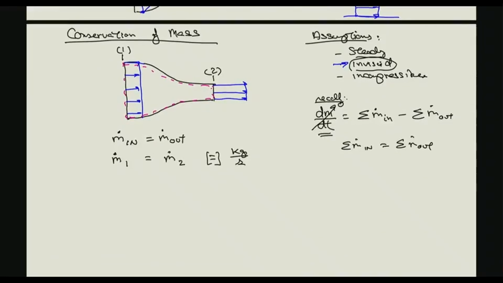Okay, and then if it's incompressible, then the density is a constant. And one can, in general, express the mass flow rate when you have a constant velocity over the flow area.